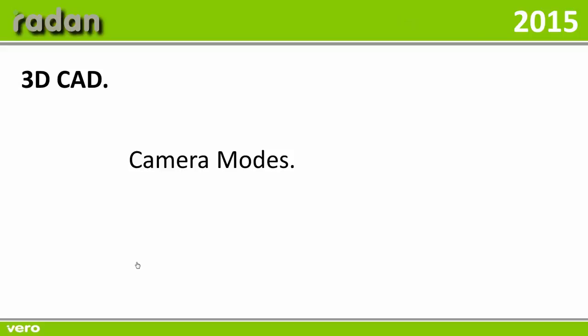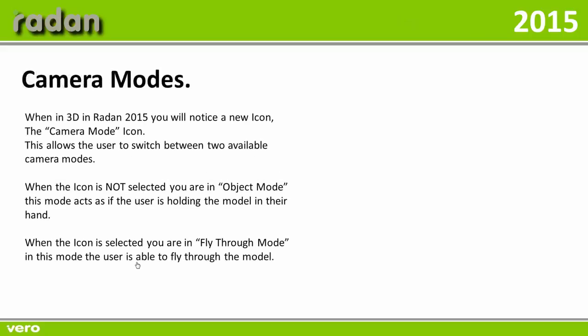Camera modes. When in Radan 3D you will notice a new icon, the camera mode icon. This allows the user to switch between two available camera modes. When the icon is not selected, you are in object mode, and this replicates the user holding the model in their hand and spinning it around.